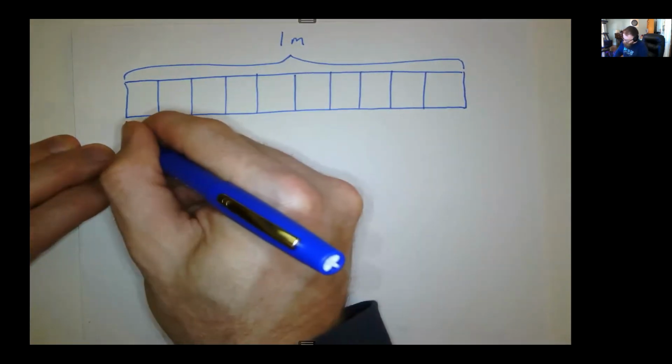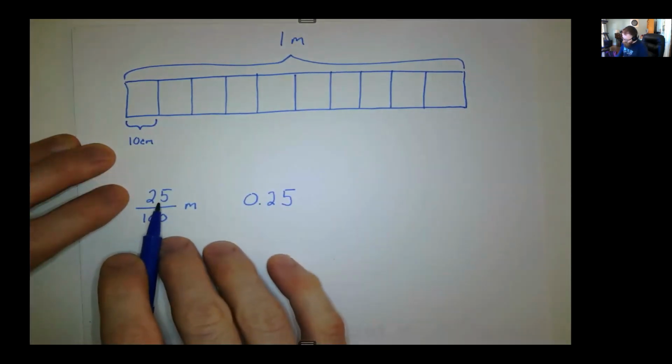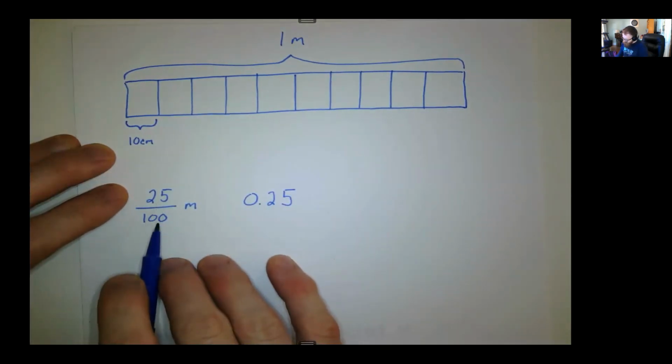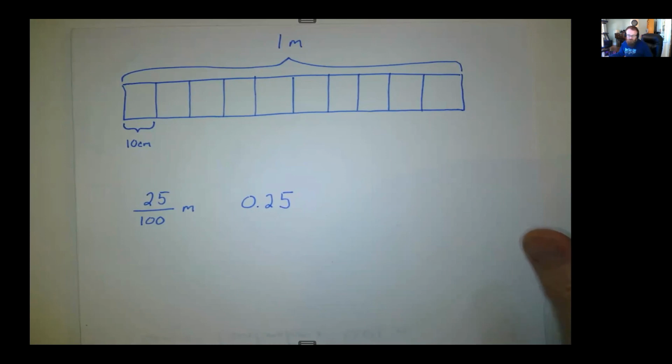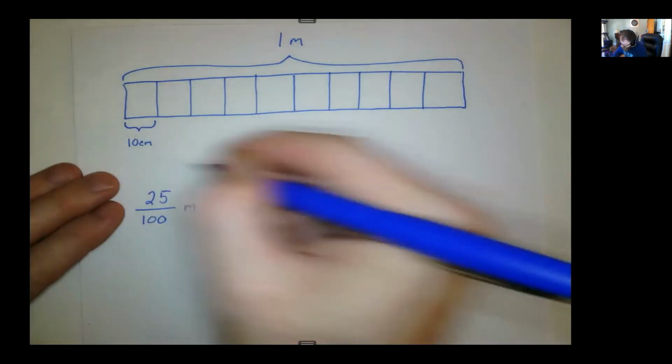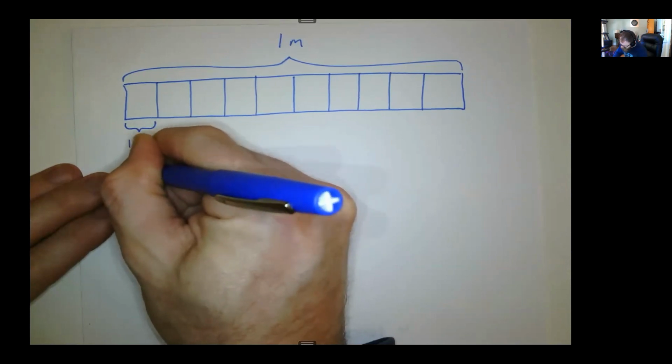And it is our job to show 25 100ths of a meter. 10 centimeters is equal to 10 100ths of a meter.